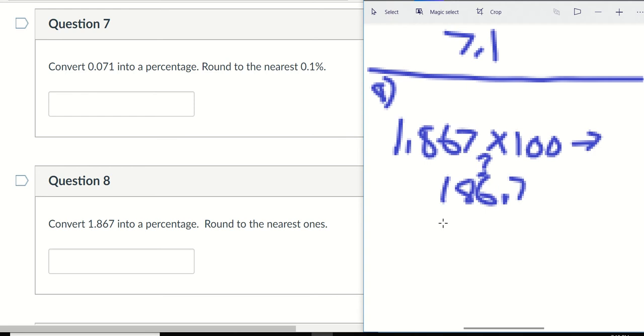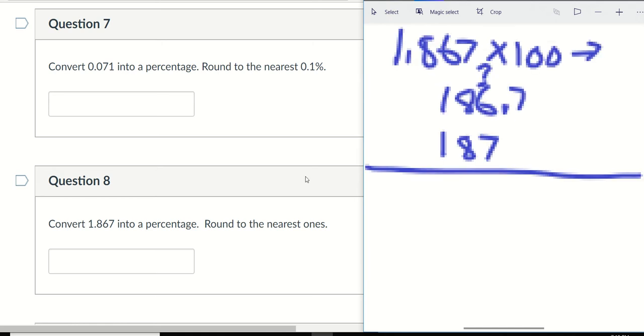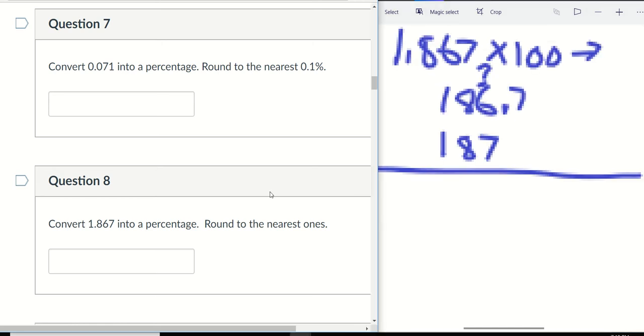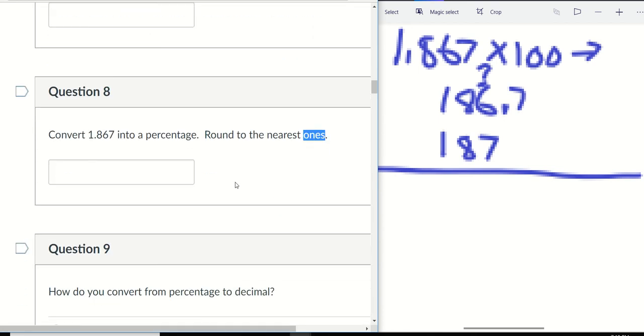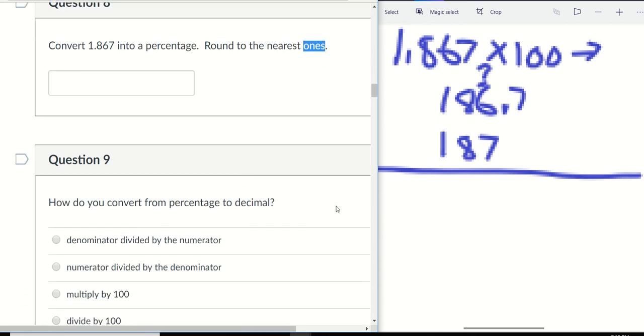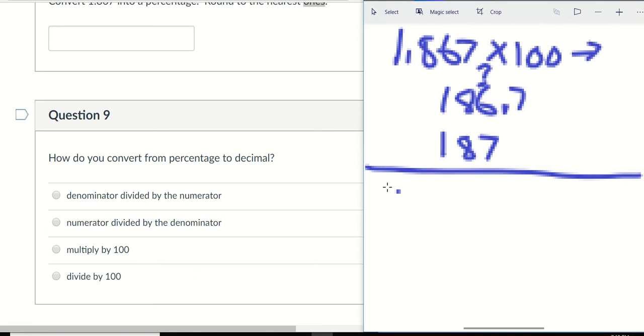You look to the right, it's a 7, so the number in question will increase by 1. So I think your math is good. It's just that last step, rounding to the correct decimal place.